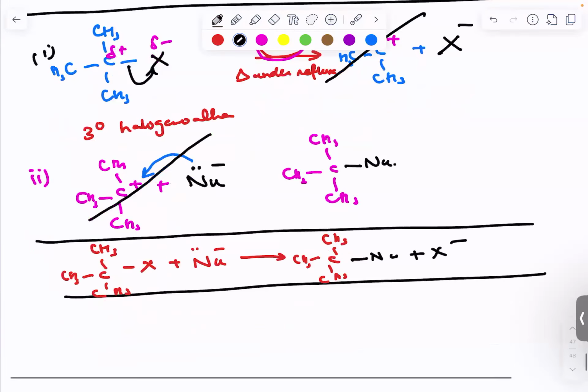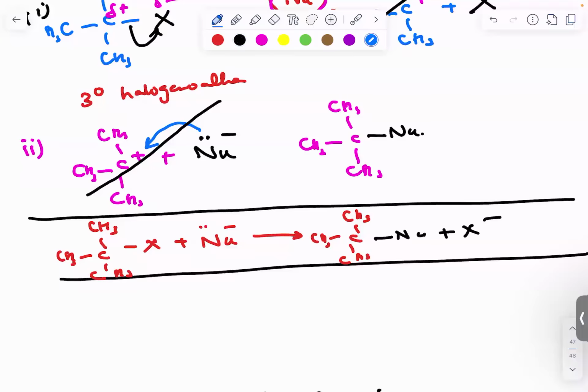Now, if you want to show the curly arrows on the overall reaction, you will do partial negative, partial positive like this, and then you will show a curly arrow, which is going to attack the electrophilic carbon atom to give the product. This is the generic equation. If you change this Nu, let's suppose, to NaOH, and this X to Cl, what is going to happen?